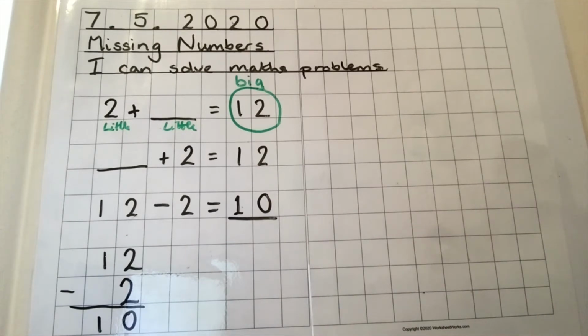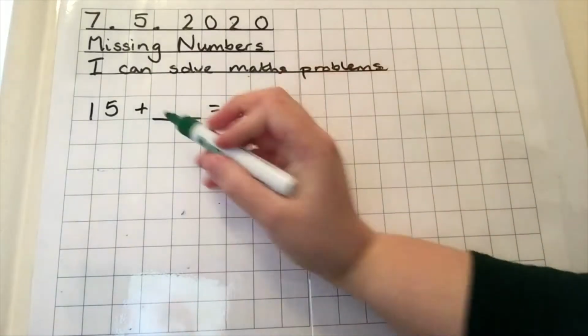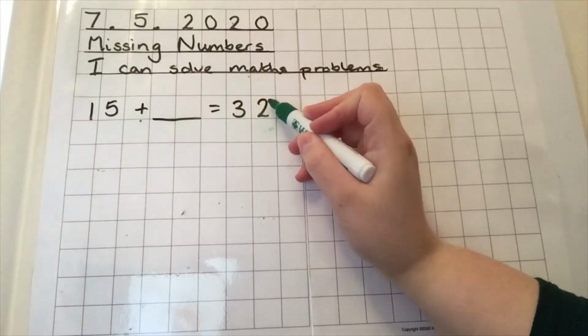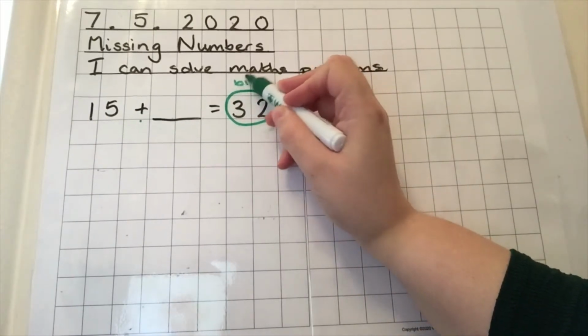Let's have a look at another one. Okay, so here's another sum. So the first thing we're going to do is identify where our big number is. Remember, if it's an addition, it's going to have the big number at the end.